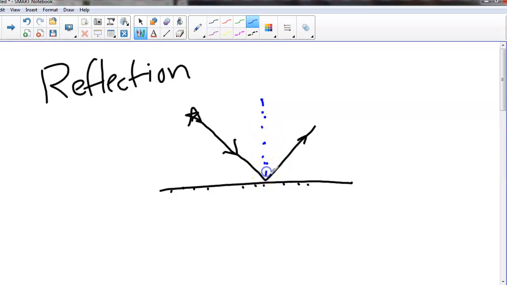Alright, and it's very hard to draw a dotted line. So in terms of a normal, and by a normal I mean the line perpendicular to the surface of the mirror. Every time we talk about angles with reflection and refraction, they're always relative to the normal. So the first thing we want to talk about is how the incident angle, theta little i, is equal to the reflected angle, theta little r.